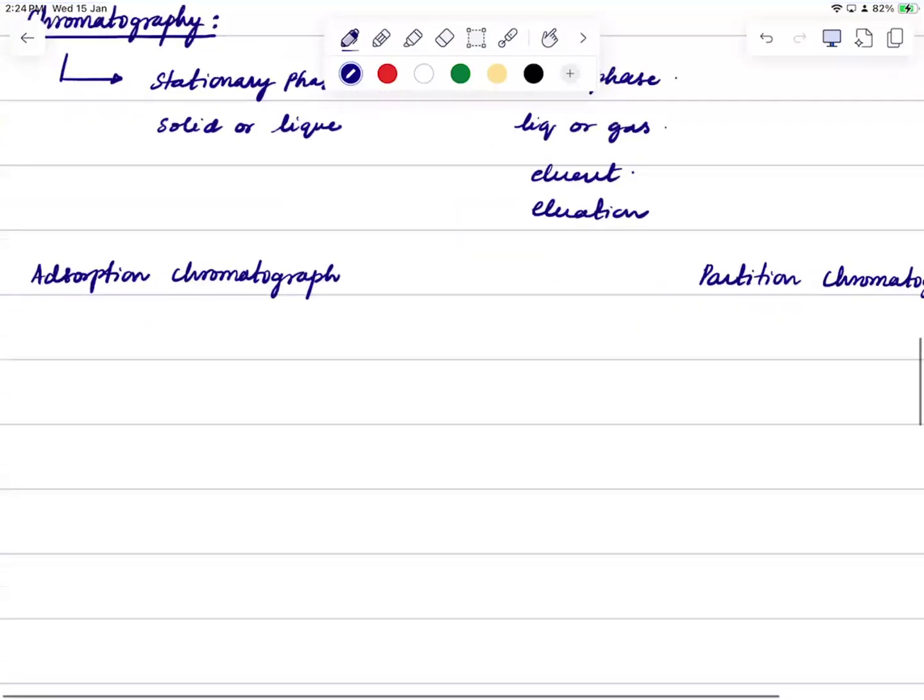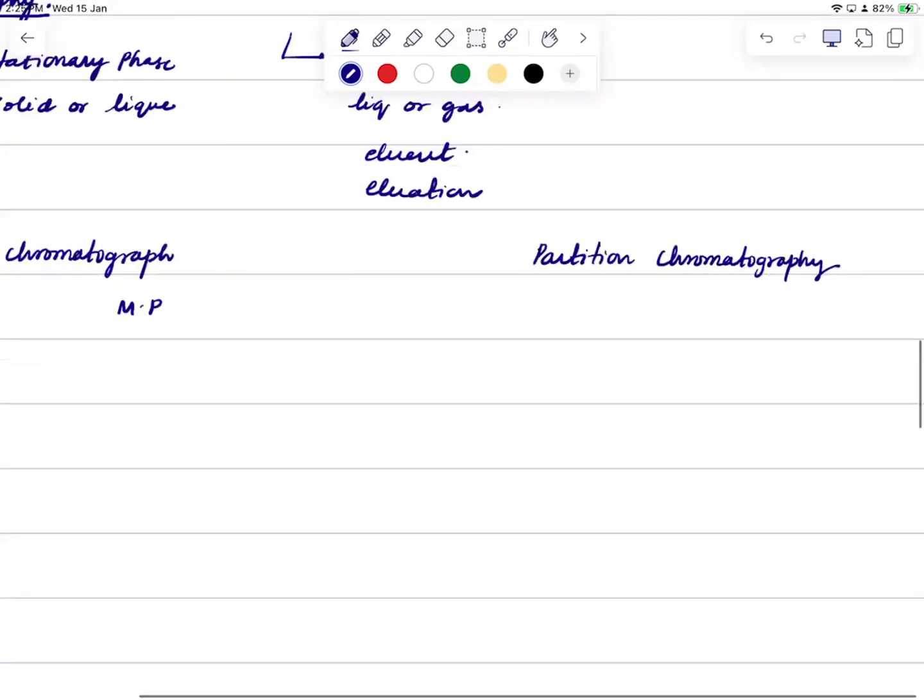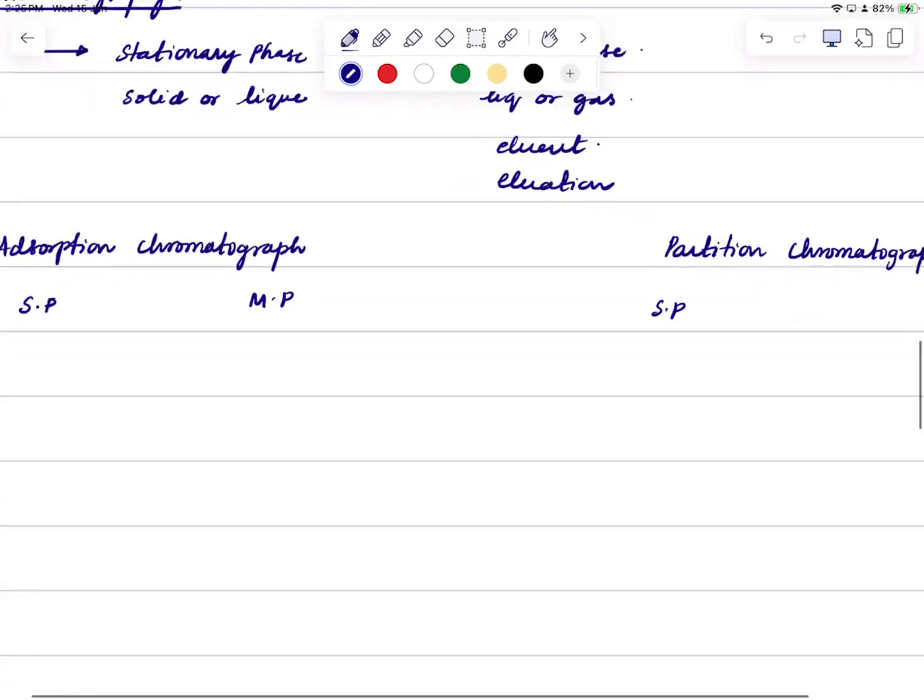Okay. Now, adsorption chromatography, here we will have mainly a stationary phase and a mobile phase. Here also we will have a stationary phase and a mobile phase. Correct?